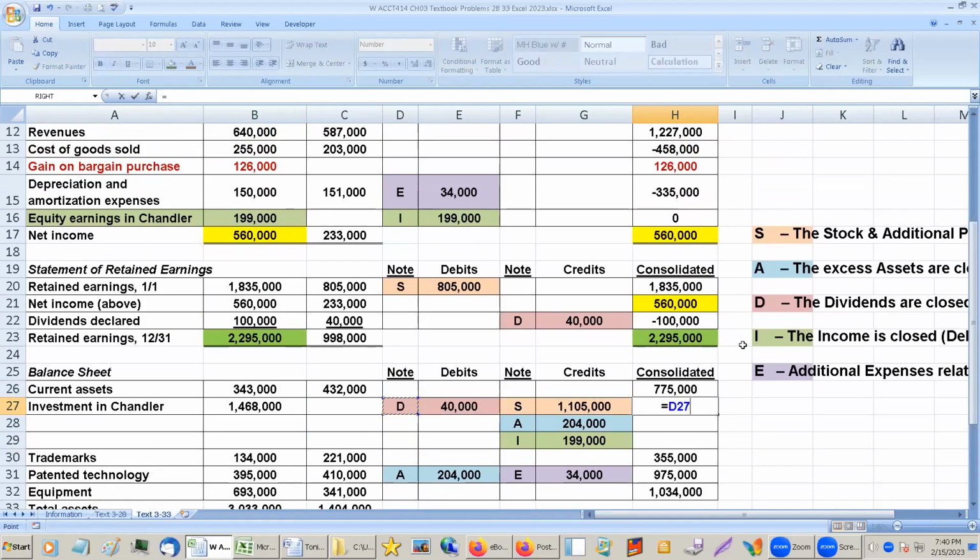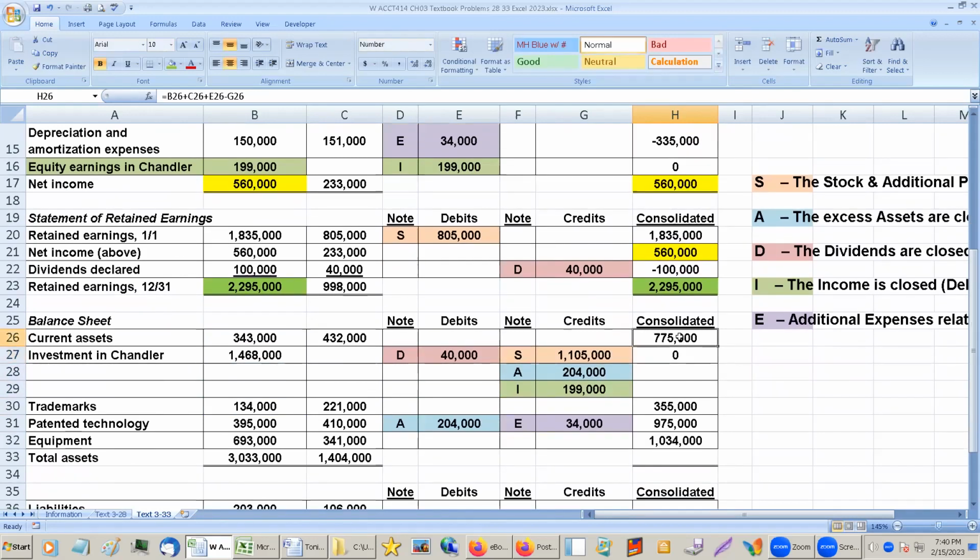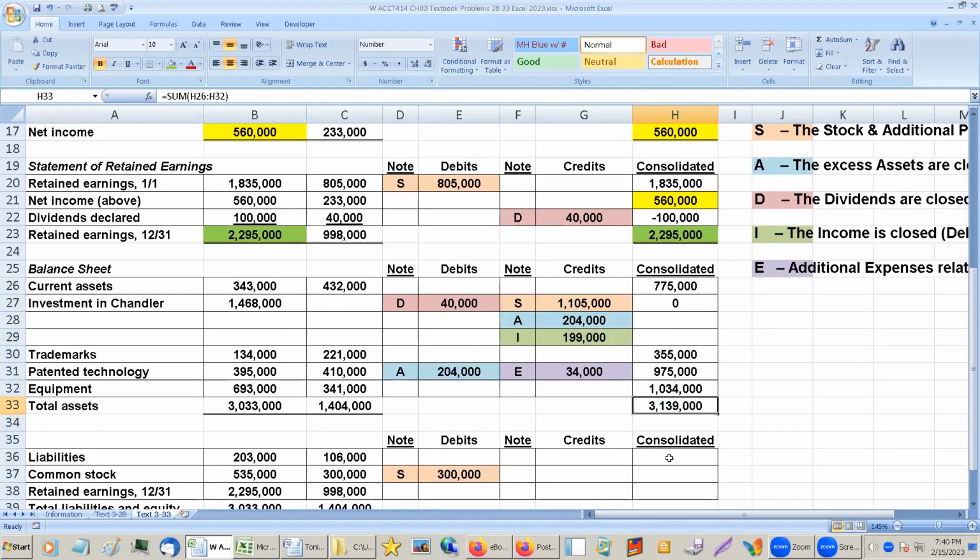And hopefully this will come up. Yep. $3,033,000. 3,033,000 plus 106 would be 3,139,000. That's it.